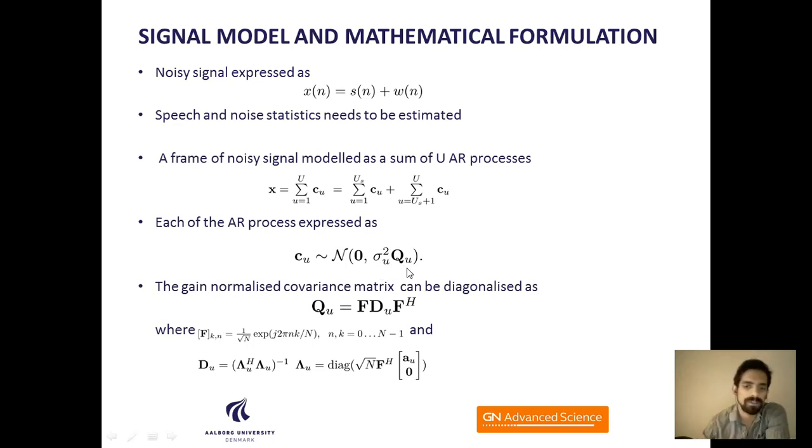And this gain normalized covariance matrix can be asymptotically approximated as a circulant matrix, which can be diagonalized using the Fourier transform as shown here. So here F is the DFT matrix defined here, and D_u is a diagonal matrix defined as shown here. So it basically contains the values of the spectral envelope corresponding to the u-th set of AR coefficients along its diagonal.